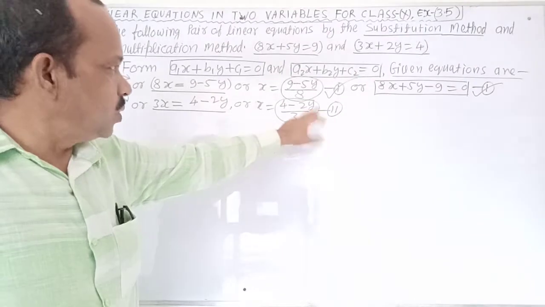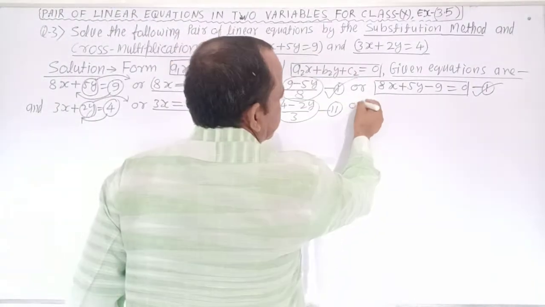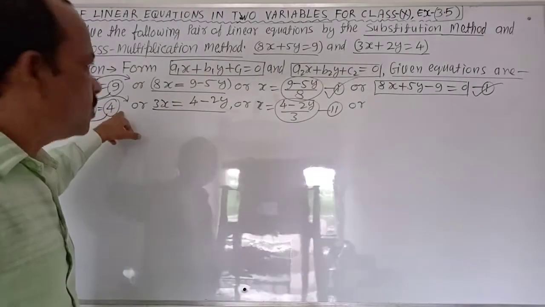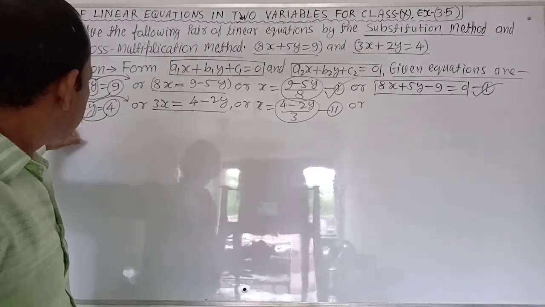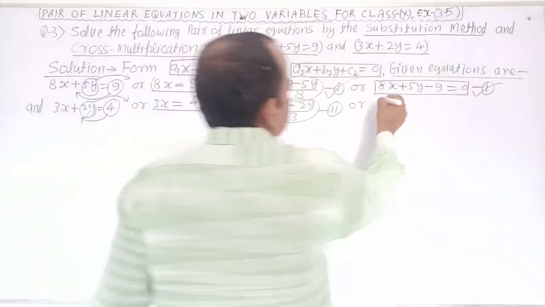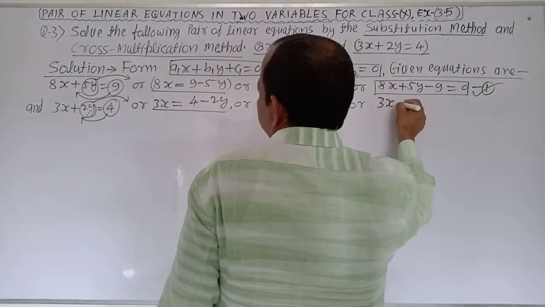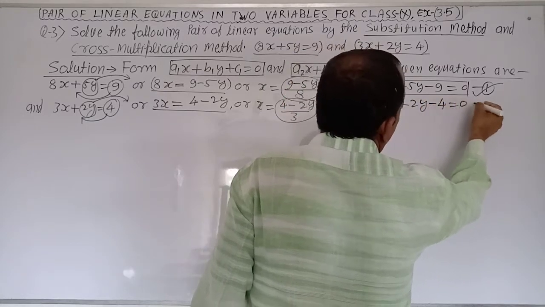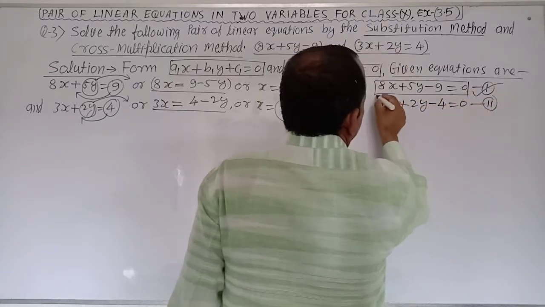Equation second. You can write it here. If you write 4 on the left side of equal, then it becomes 3x plus 2y minus 4 equal to 0. Equation second.